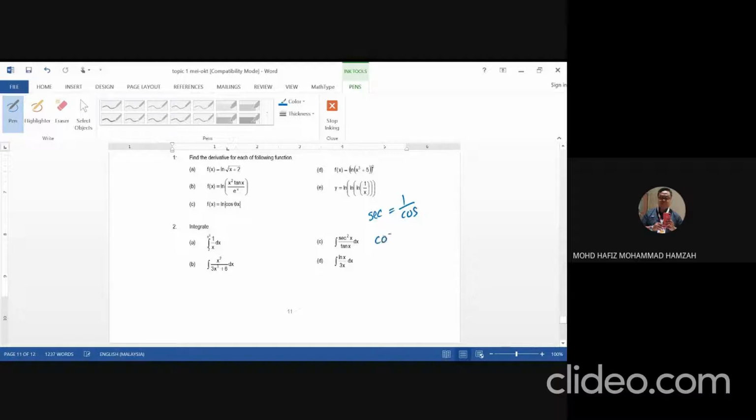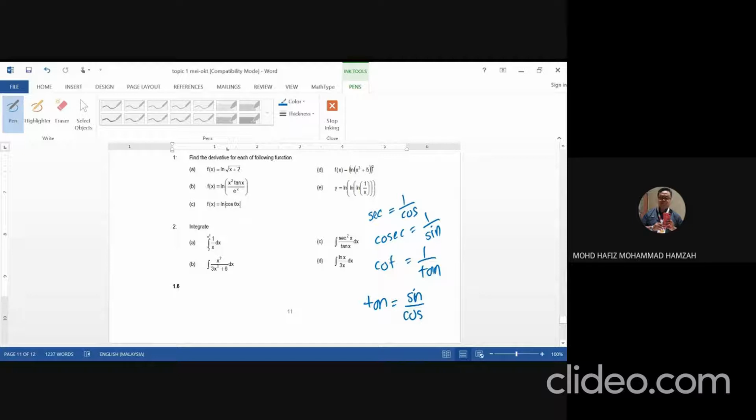Cosecant equal to 1 over sine, and then cotangent 1 over tangent. So yang ni kena tahulah. Lepas tu tangent adalah sine over cos kan.